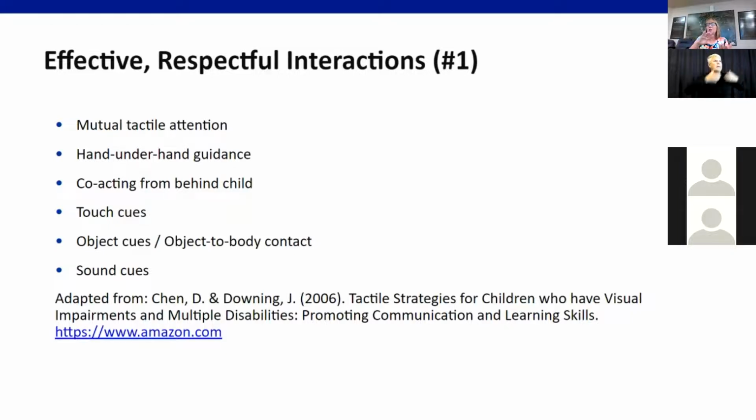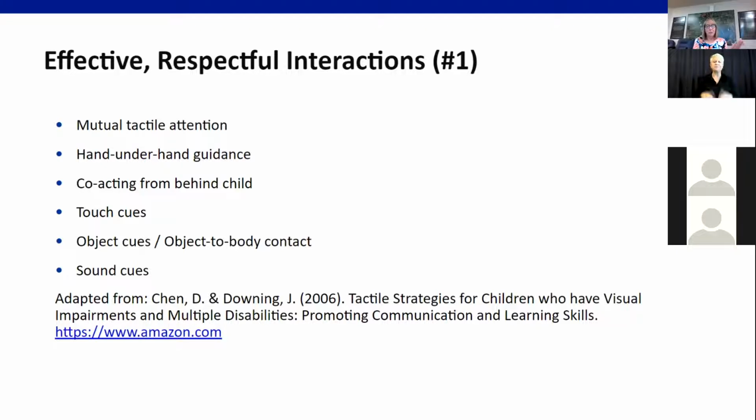Or if at diaper changing time, they need to be rolled over onto their side, if I touch a child to that side before I roll that child over, and I can add words to that too. There is language that you can add to that, but the touch cues themselves really do help children to know what is about to happen before somebody acts on them. And it also is a way to ask for permission to pick them up or permission to roll them over, give them a chance to think about it, and then that action occurs. And that is just a respectful way to interact.